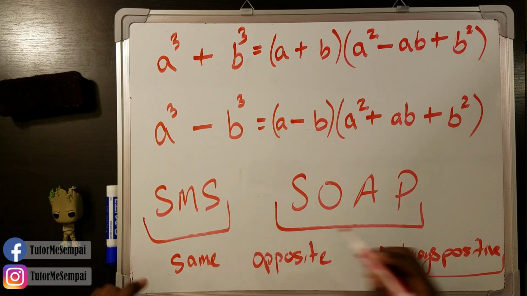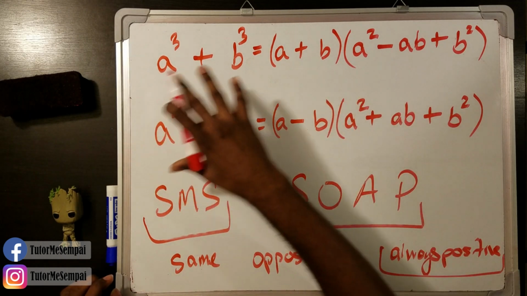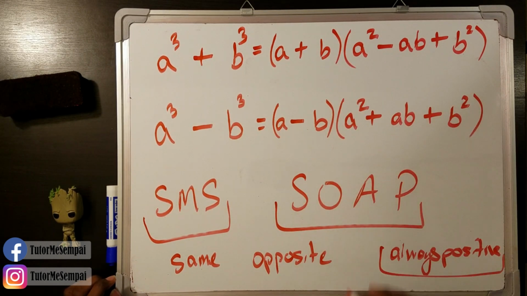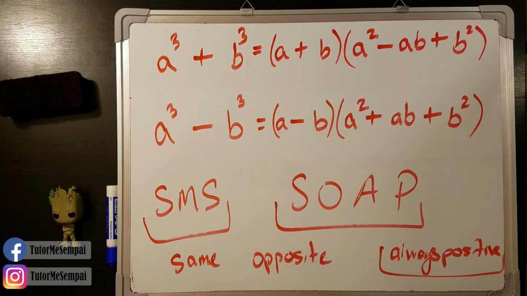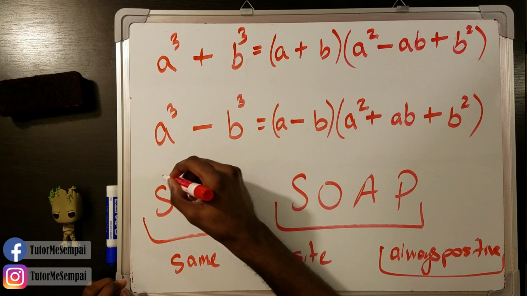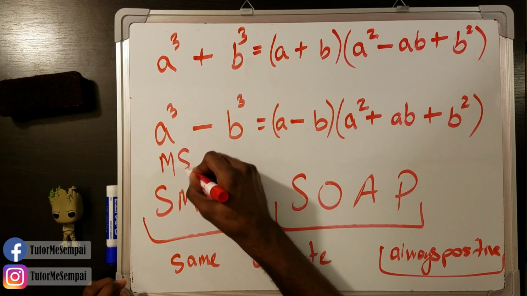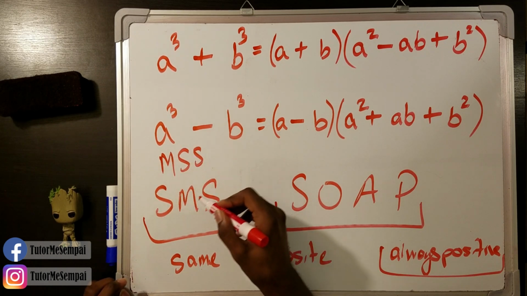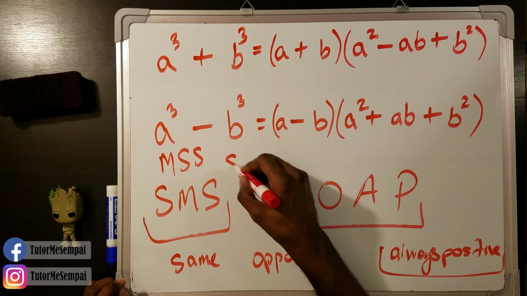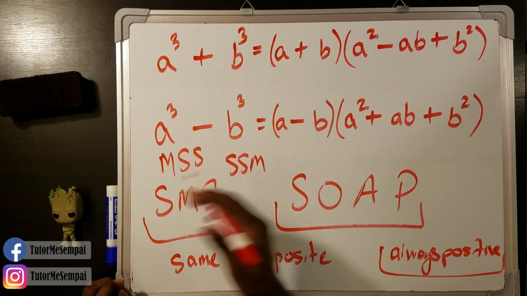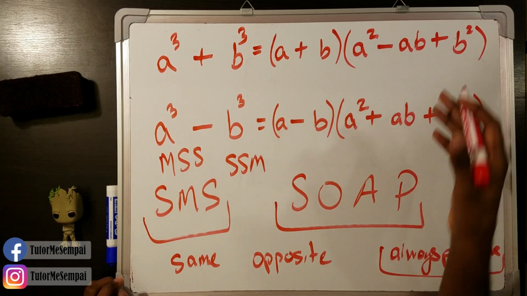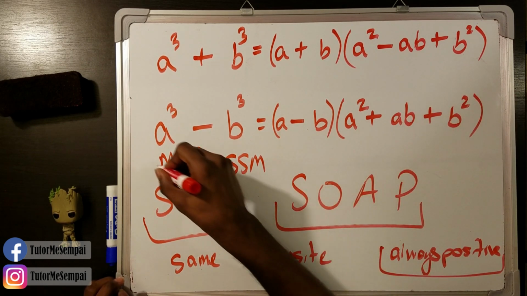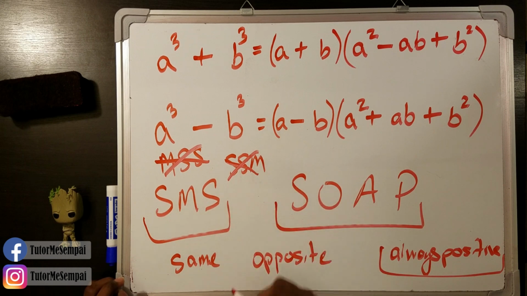Remembering SMS and SOAP will allow you to always recreate this without having to memorize which one goes where. Now SMS might not jump out at you, and you want to make sure you keep it in this order. You don't want to ever get SMS mixed up with MSS or SSM. Those are different, and that's not going to give you the correct order in which these are supposed to be filled out. You have to remember it's SMS.